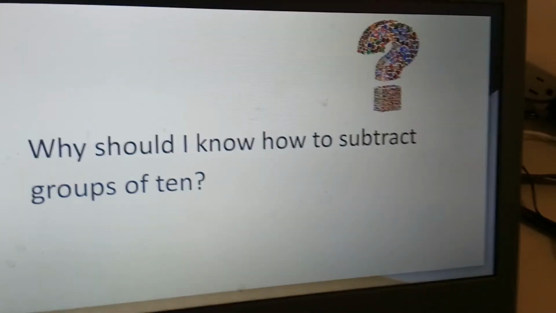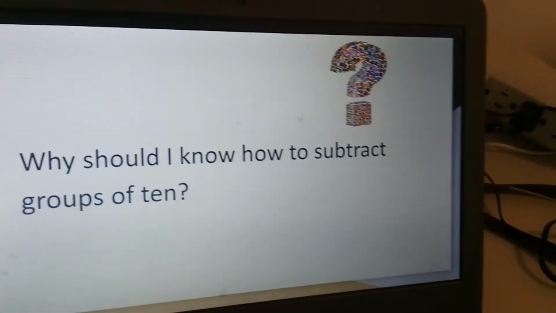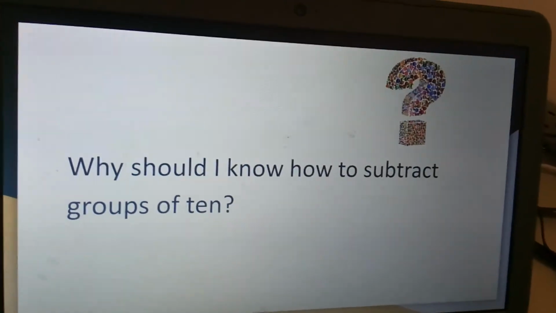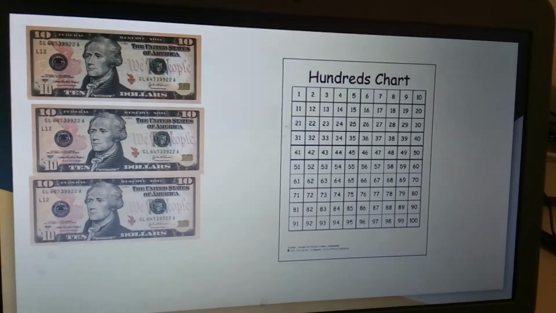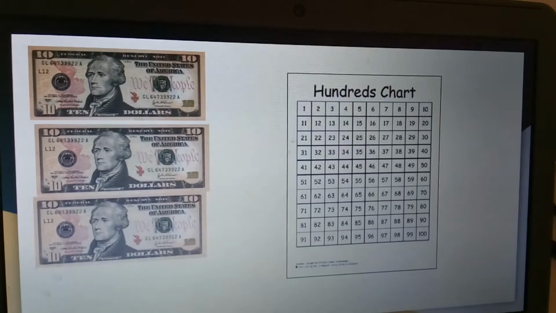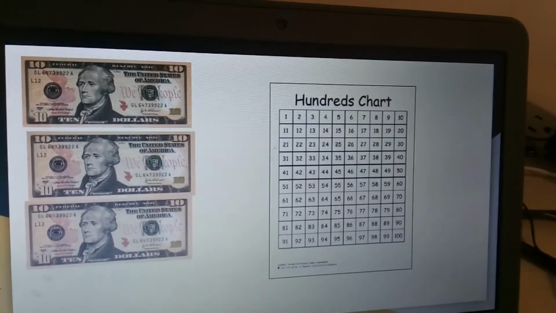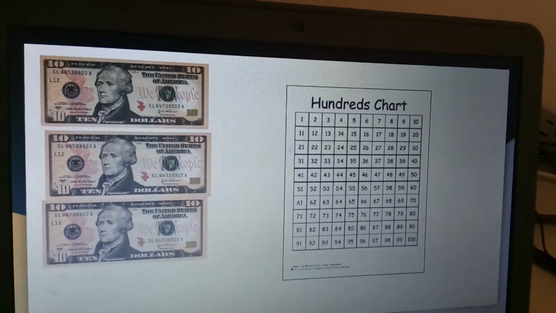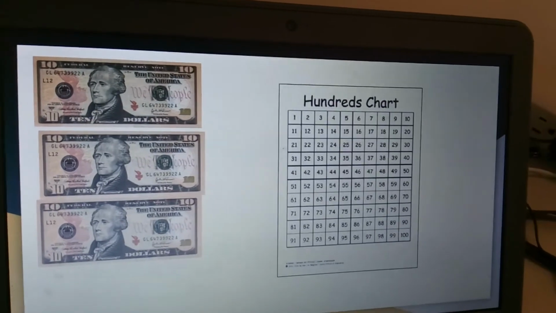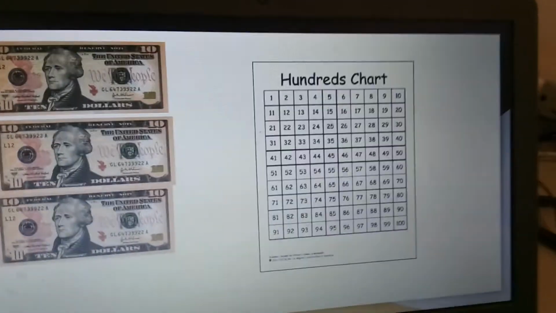You may be wondering, why should I know how to subtract groups of 10? Being able to subtract groups of 10 is a very important skill that helps you be able to count back large bills such as $10 bills when you are paying for something.